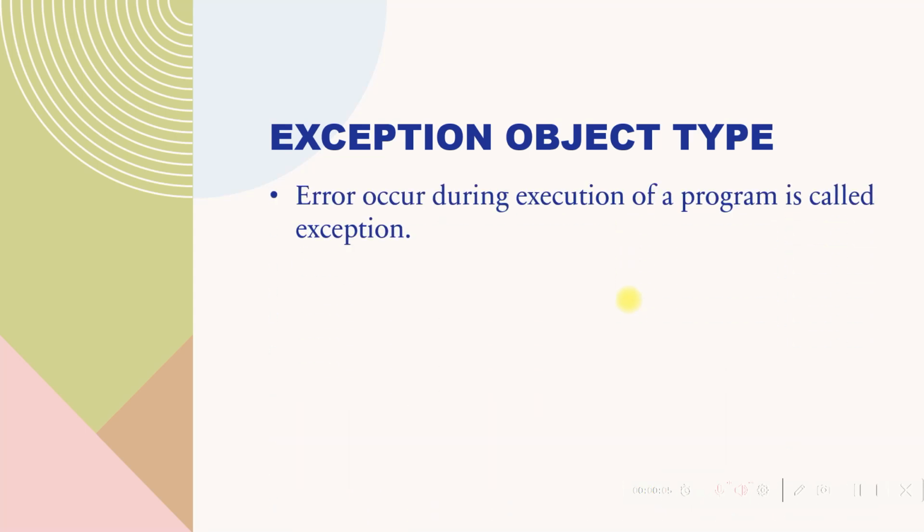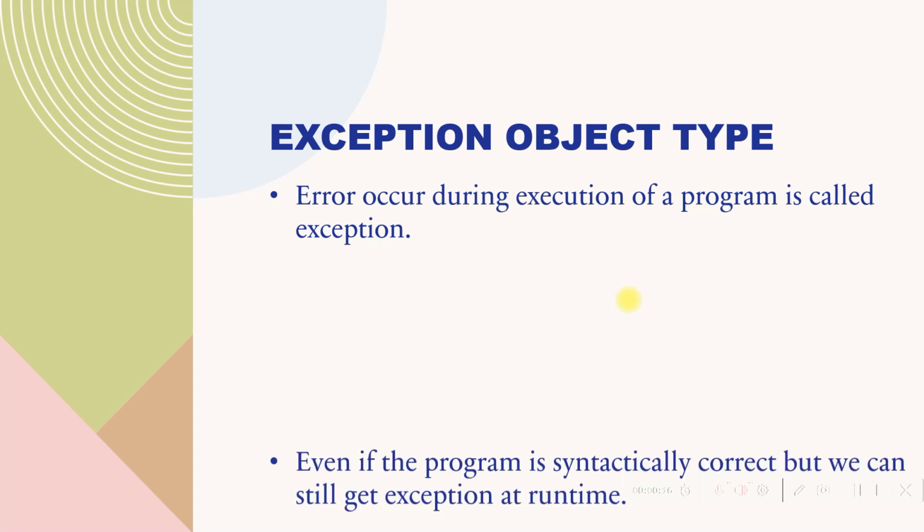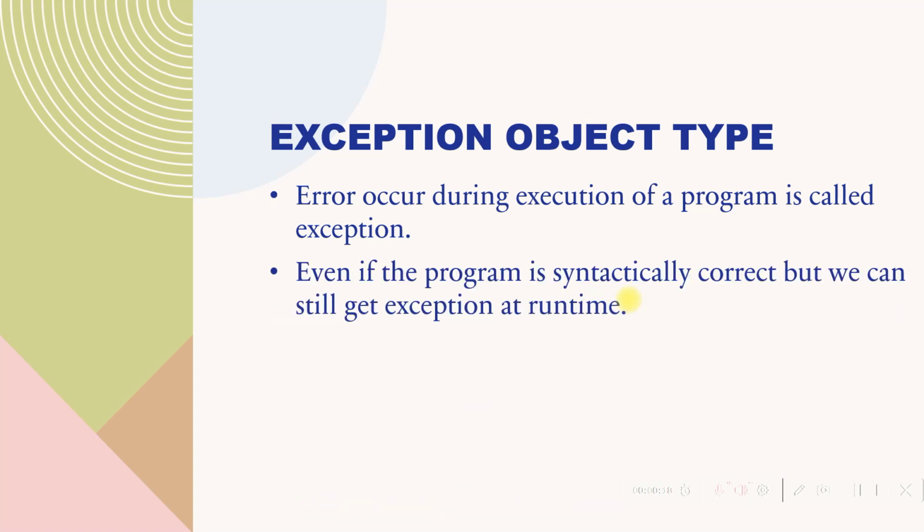Now the next type of object is the exception object type. So we know that during execution of a program, an error might occur in the program. We call that error an exception. And it might be possible that our code is syntactically correct, but we can still get an exception or error at runtime.